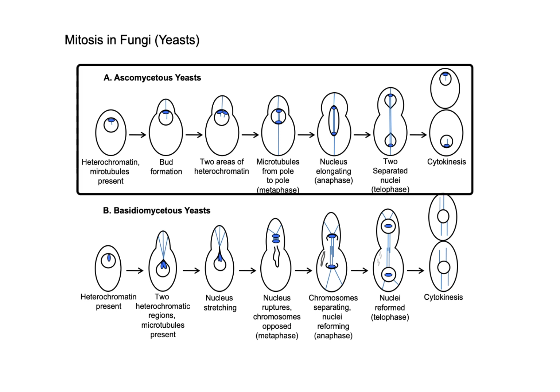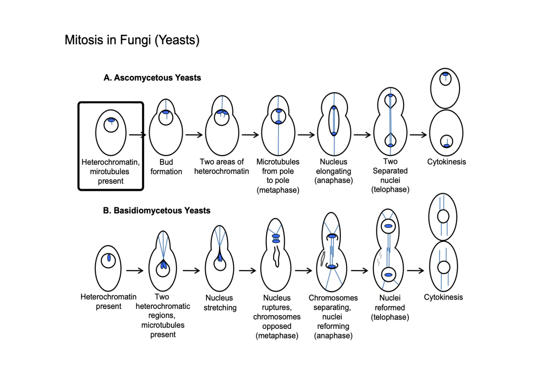So here is in ascomycete fungi or ascomycetous yeasts, where you have the microtubules beginning to form. The little blue dot are the chromosomes, which never can be seen as individual chromosomes. It's just a bundle of chromosomes. Microtubules form both outside and inside the nucleus. Then there's been duplication of the DNA.